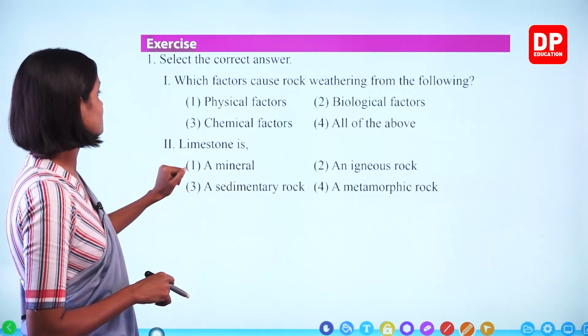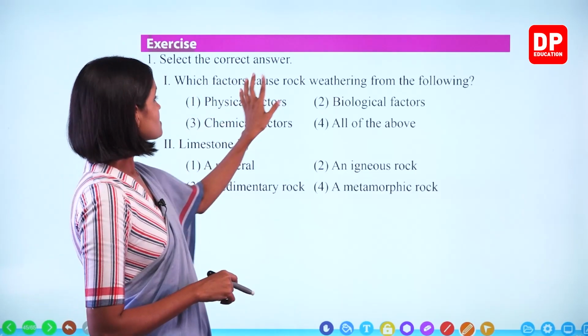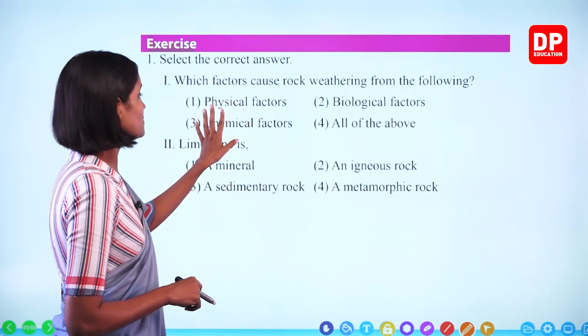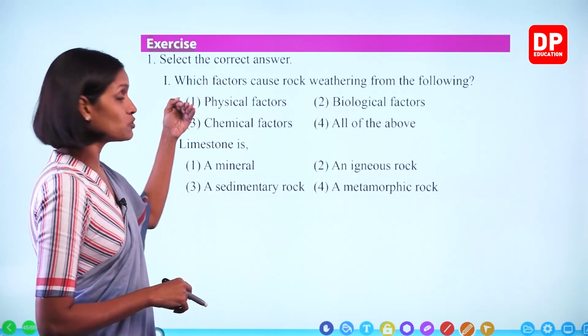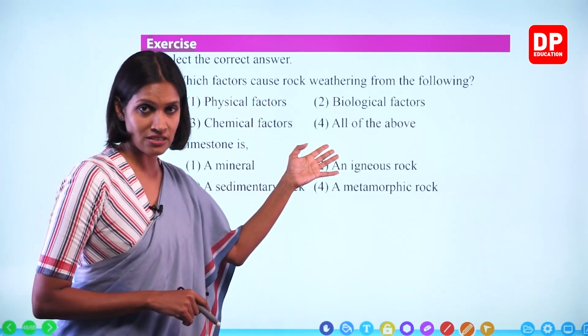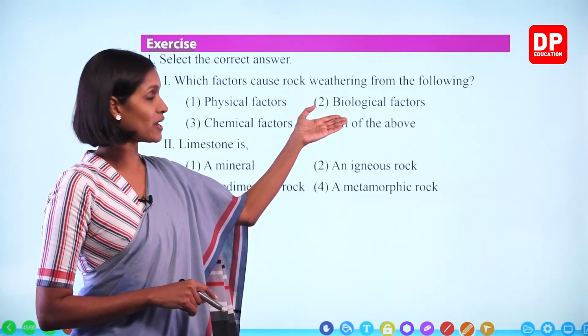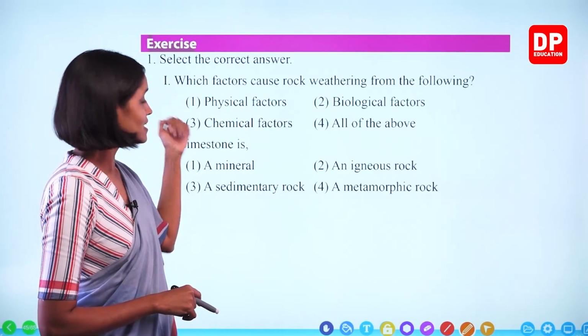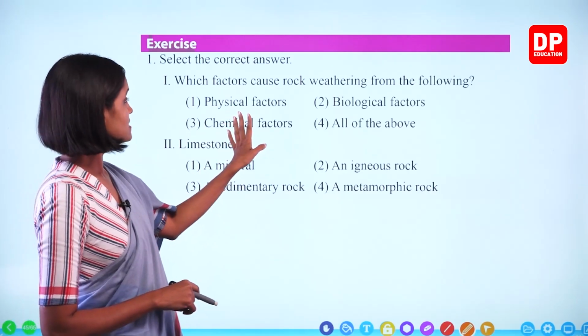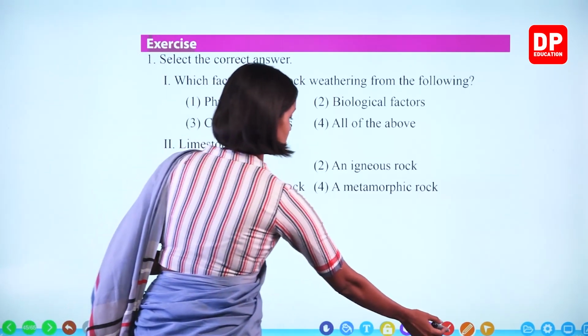Here the answers given: physical factors, biological factors, chemical factors, all of the above. Due to physical factors, physical weathering takes place. Due to biological factors, biological weathering takes place. Due to chemical factors, chemical weathering takes place. So the answer is all of the above.